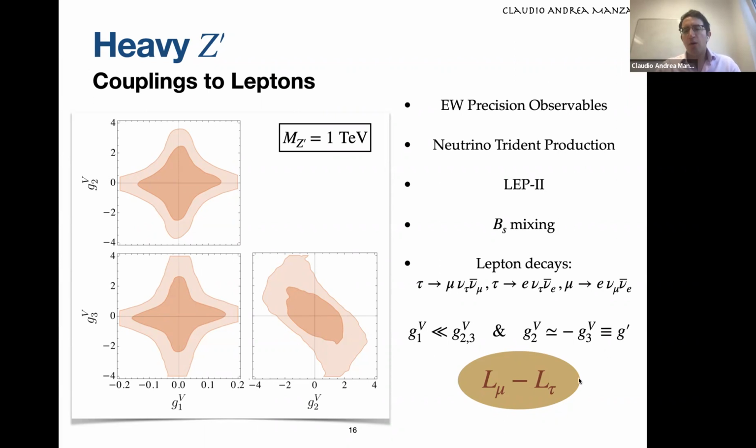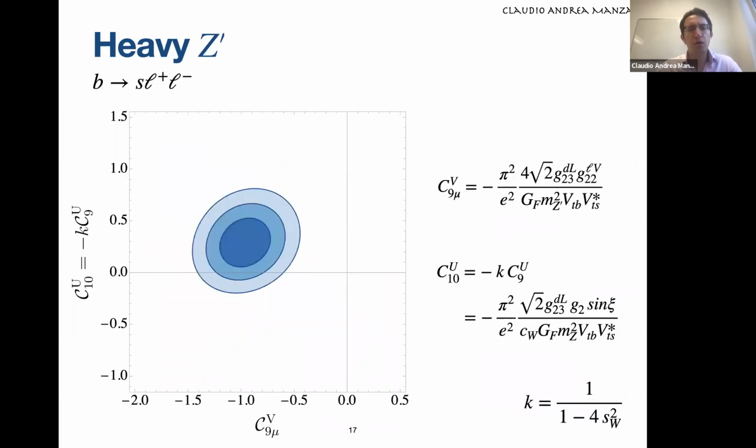Now, I'm taking this L mu minus L tau symmetry as a concrete example in the following, but the results don't change completely if you take, for example, a B3 minus L2 symmetry or other examples.